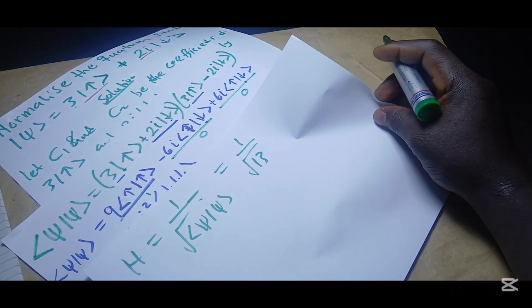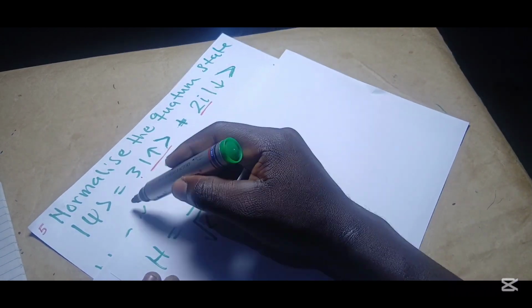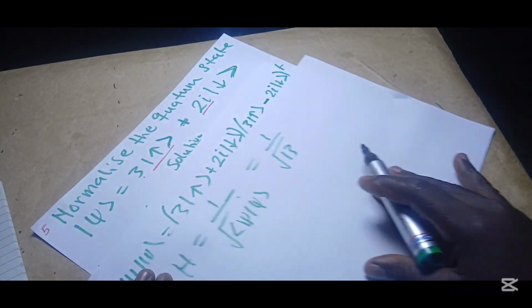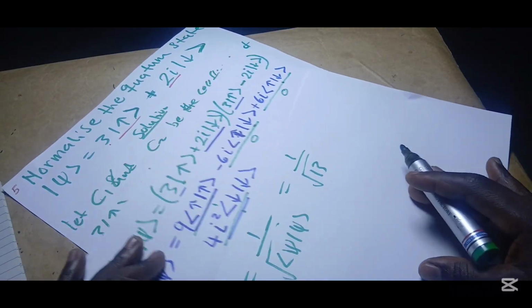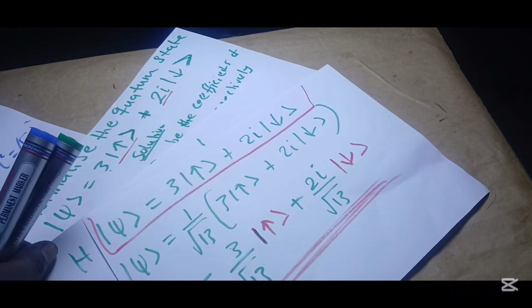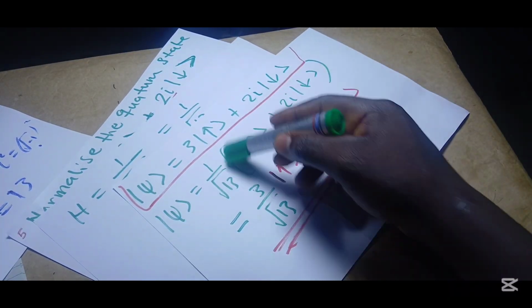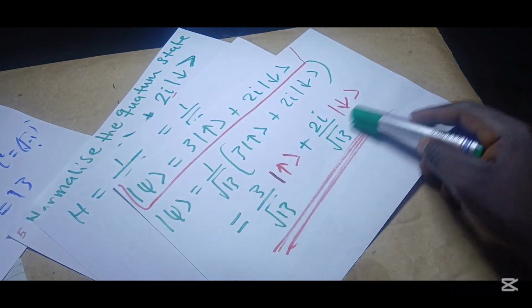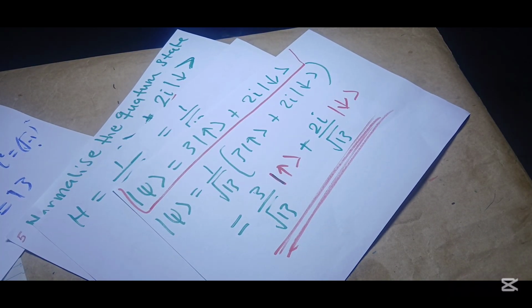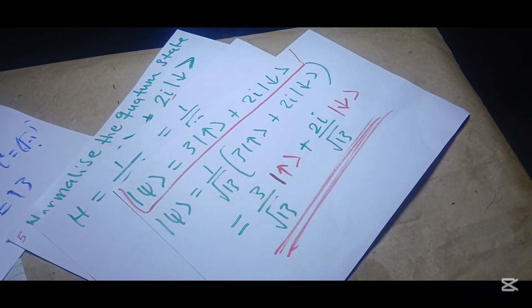Then when you are done, you just multiply the normalization constant by the whole term. Doing so is going to give us what we already had here. So if you multiply the normalization constant by the original term, this is what you will get. So that is another way of going about it, but I prefer the first procedure.